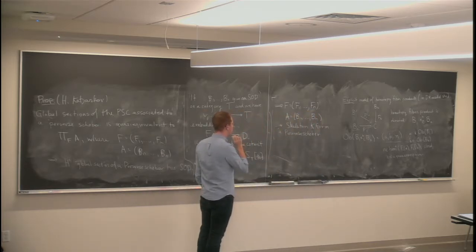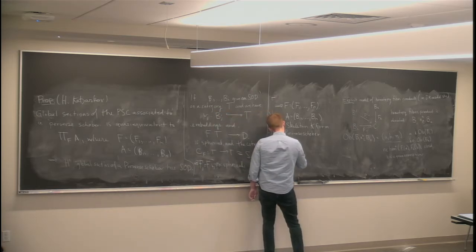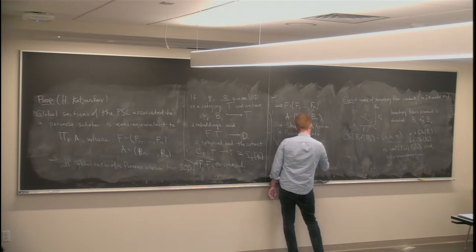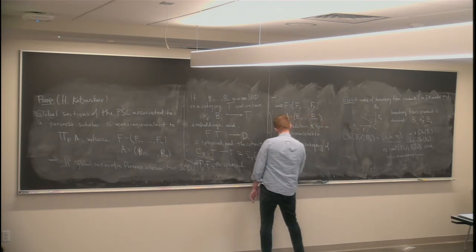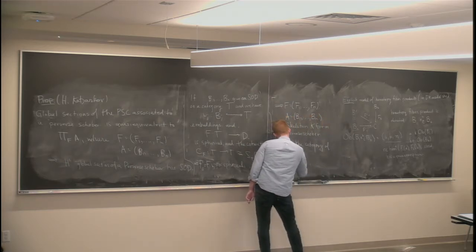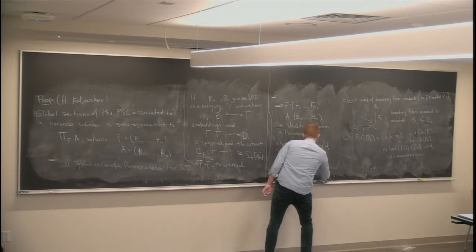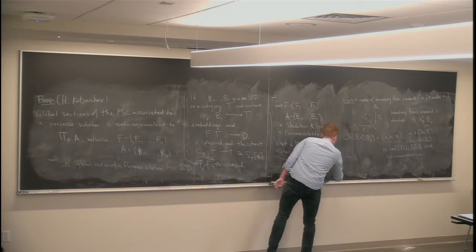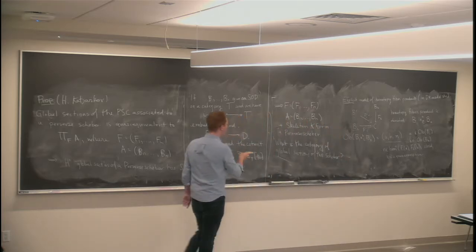So as far as the perverse Schober, what is the category of global sections? Okay, so that's the question.